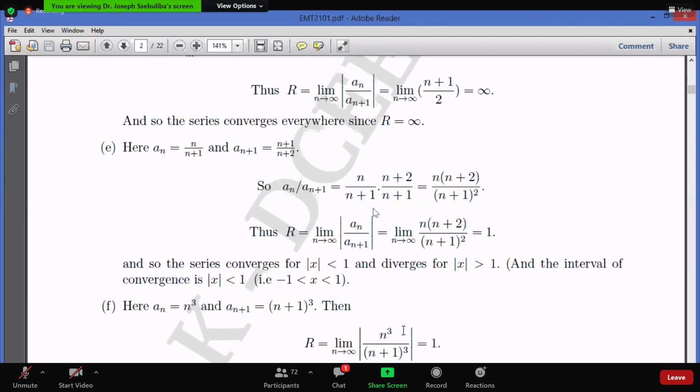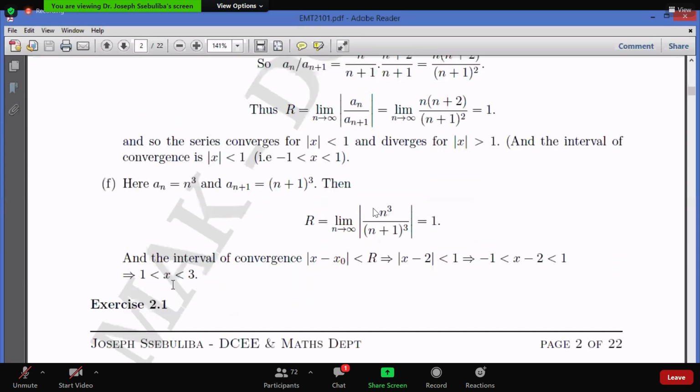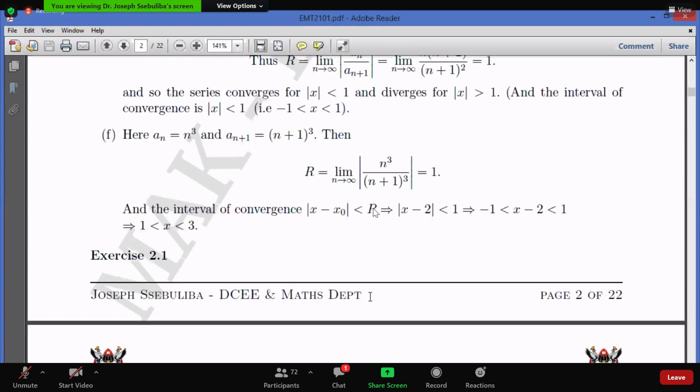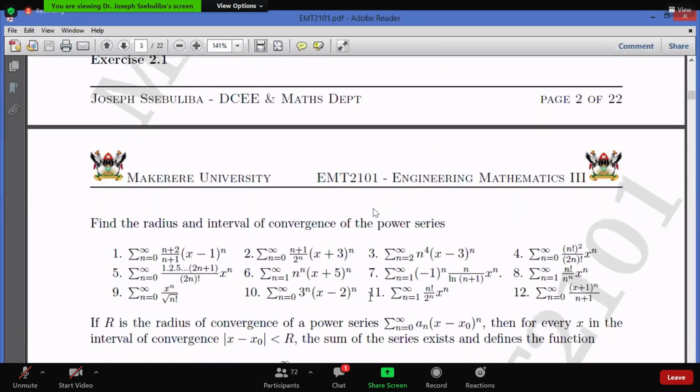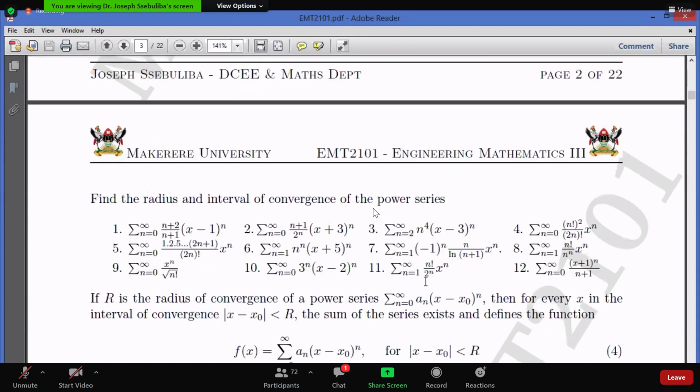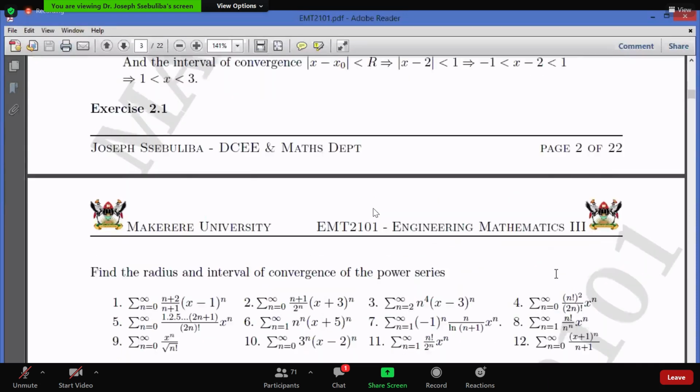So you have n cubed over n plus 1 cubed. And then when you go ahead, you can come up with those conclusions. That one can lead you to these ones here. You can now go and try out all of these, number 1 all the way up to number 12. Are there questions?